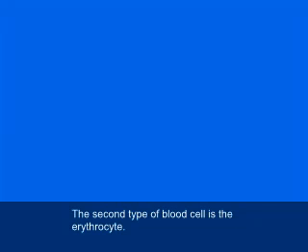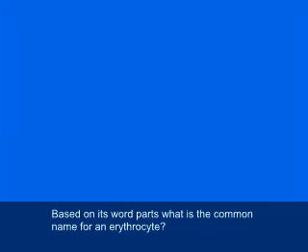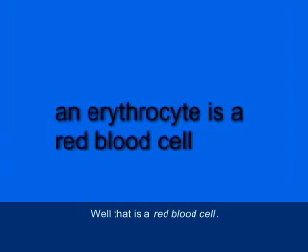The second type of blood cell is the erythrocyte. And based on its word parts, what is the common name for an erythrocyte? Well, that's a red blood cell.